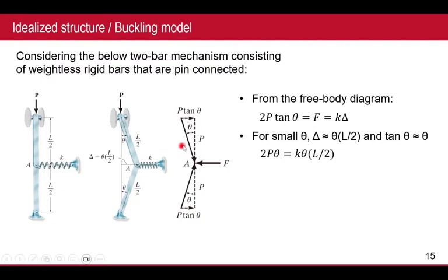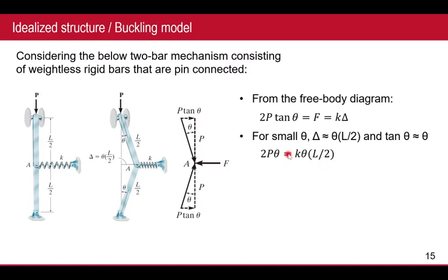So delta here will be equal to, remember, L theta is the arc length, so delta is equal to theta times half L. But remember this theta is small, so tangent theta will roughly equal theta. This is from school math. So we can put here 2P theta is equal to k theta times half L.